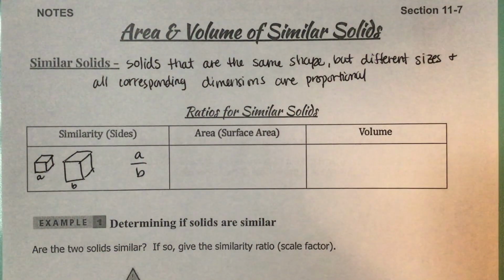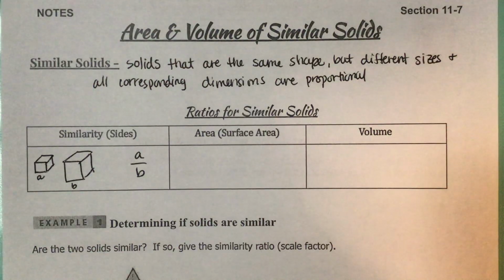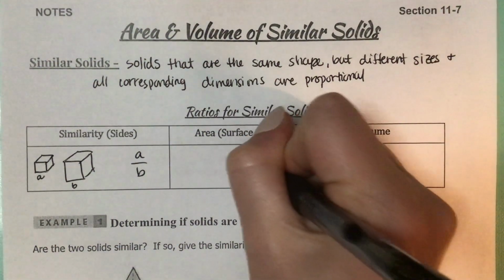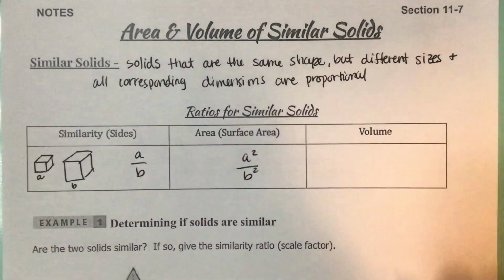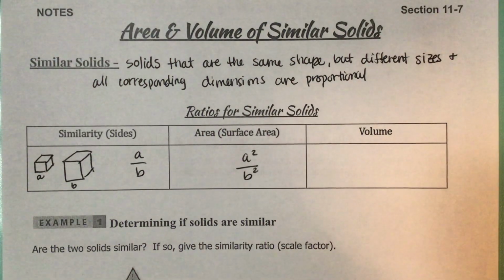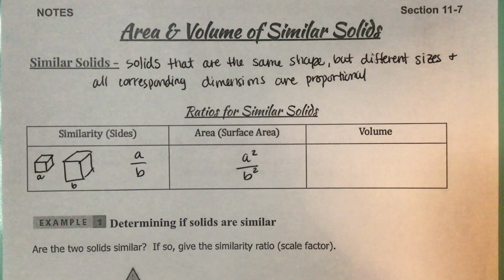For the area ratio, you are going to square those values. So it's literally A squared over B squared. Now remember, a ratio is not necessarily the actual value of the areas. It is a comparison of the areas.